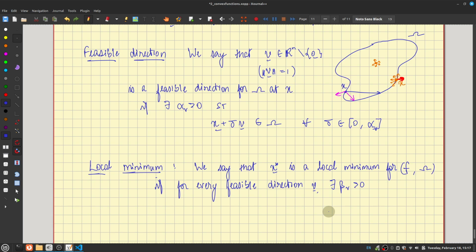This beta v could be different from alpha v, okay, such that f of x star is less than or equal to f of x star plus delta times v for all delta between 0 and beta v.